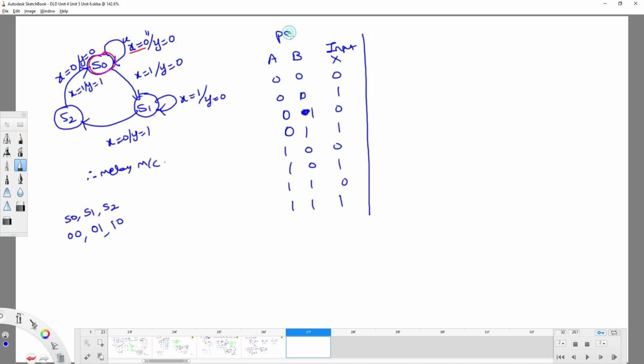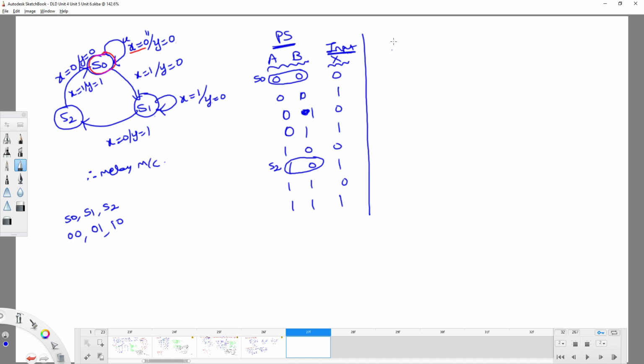This is what I call the present state, and this is what I call the input. My present states are A, B, and the input is X, right? So what does each combination represent? 0 0 defines S0. That is the meaning of this one. If you look at 1 1, is there any representation for 1 1? No. For that, I will let you know how to represent it. If you take 1 0, 1 0 defines S2. Like this you have to understand, right?